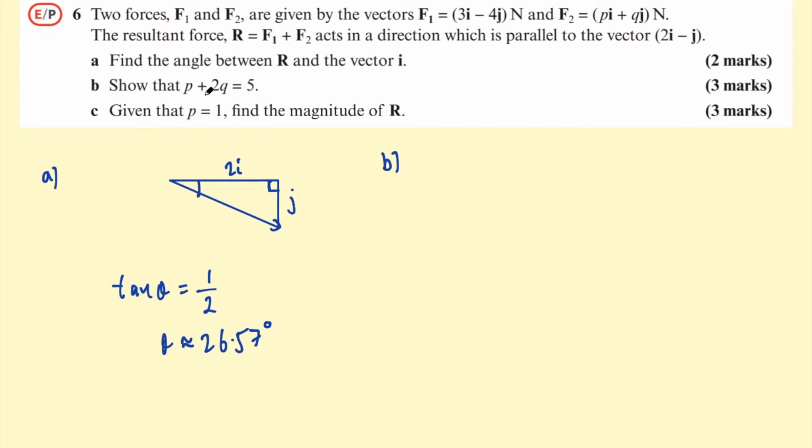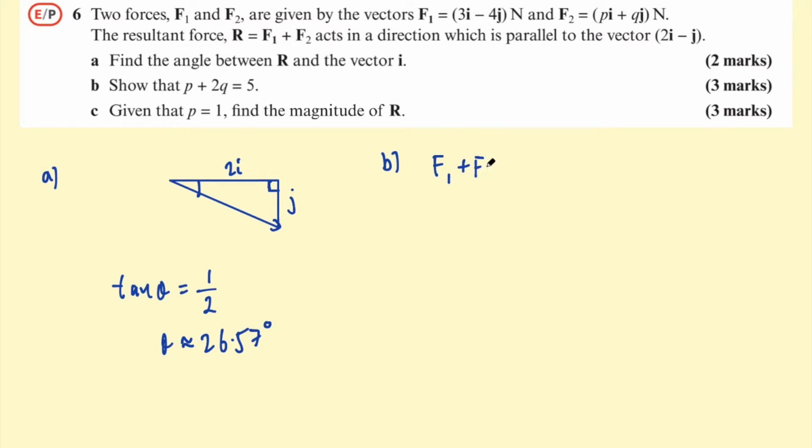Part B says show that p plus 2q equals 5. Alright, so this involves understanding what they mean when they say the resultant force equals F1 plus F2. Well, we know how to add vectors, so we can start off by adding F1 and F2 and getting an expression for that. So let's go ahead and do that.